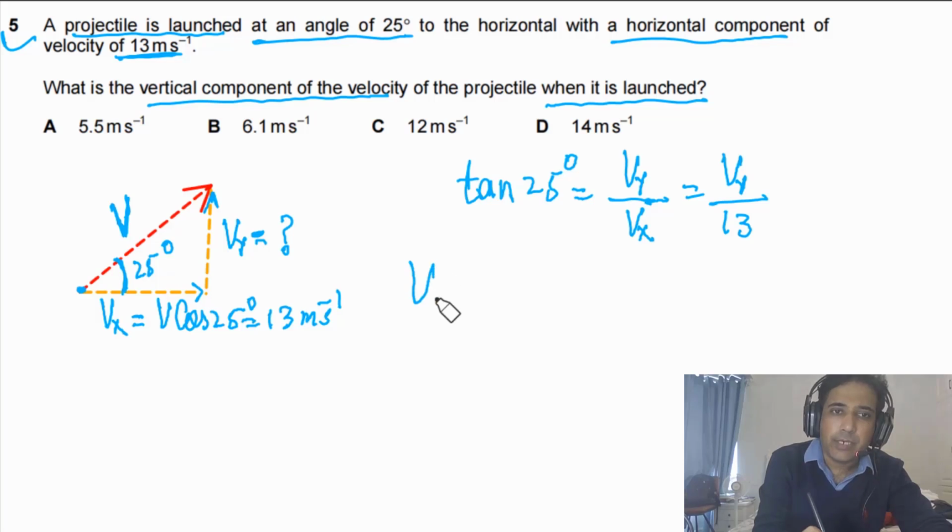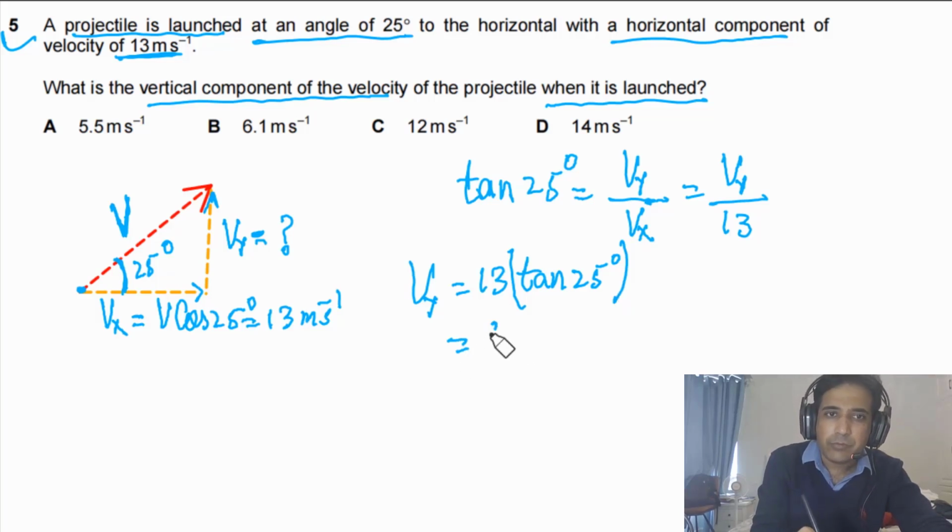So simply vy in this case will be equal to 13 times tangent of 25 degrees. We can use bracket here. Now if we solve this one, we will get 6.06. So up to 2sf, as given data has 2sf, so we can simply say this is 6.1 meters per second.